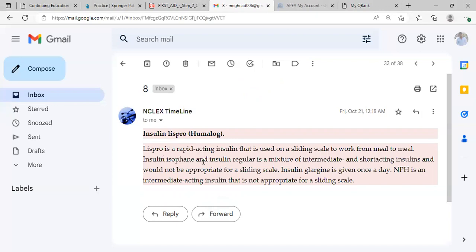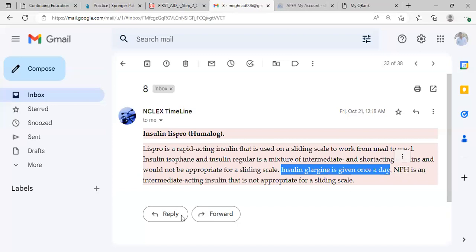Insulin isophane or insulin regular is a mixed, intermediate and short-acting insulin and would not be appropriate for sliding scale. Insulin glargine is given once a day. So what do we learn? Insulin glargine we can give once a day. It is good, right? Patients do not need insulin peaks again and again. If they take insulin glargine once for all day long, the patient will be happy.